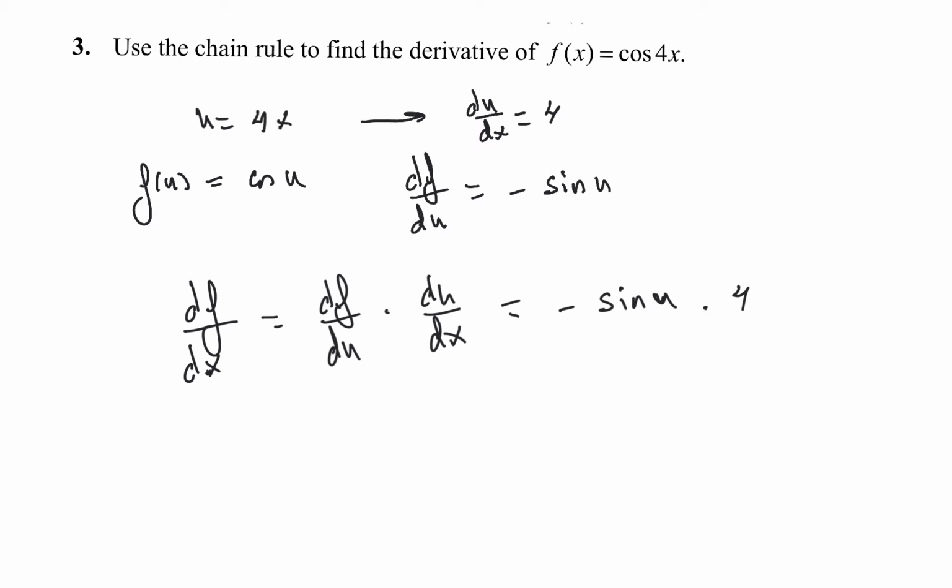Have we already finished the problem? No. Now I have to write what is u. U is 4x. So it's minus sine of 4x multiplied by 4, so I can put it in front. Minus 4 times sine of 4x. This is the final result.